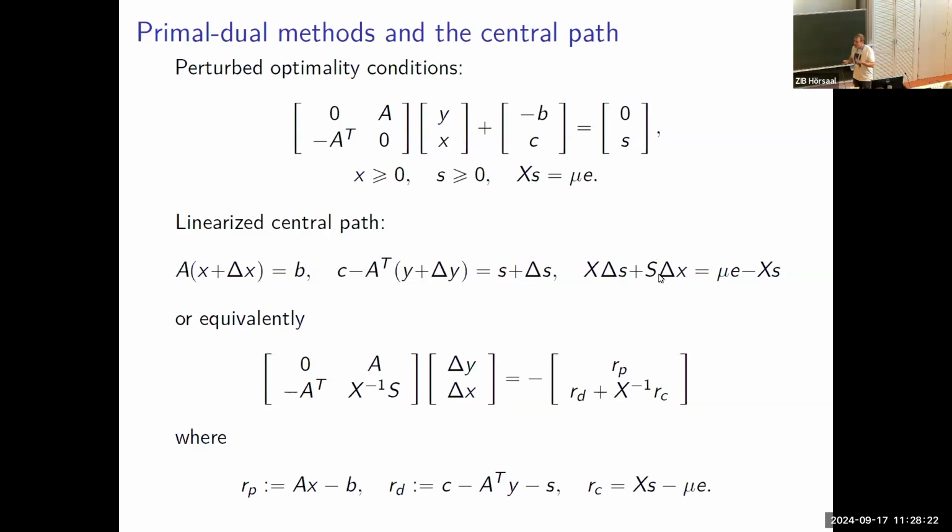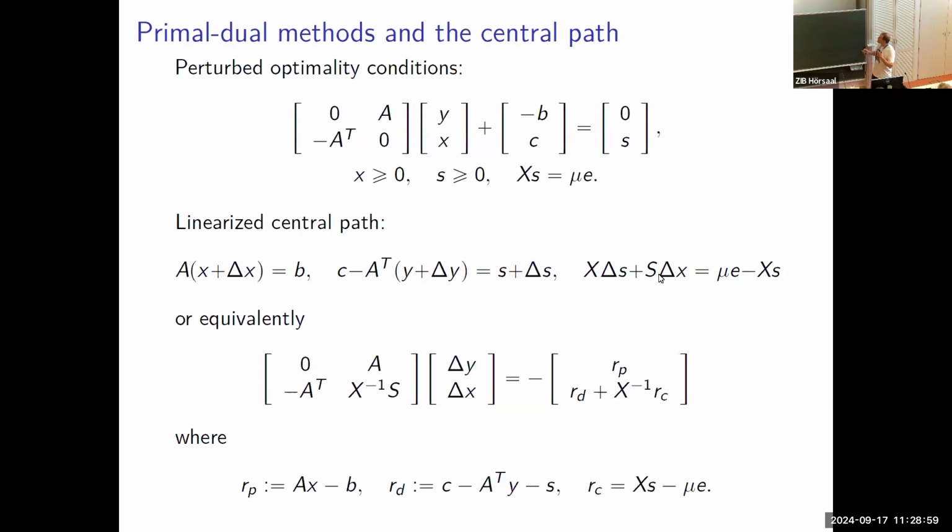We have x plus delta x times s plus delta s equals this number mu. So in the linearization, we just throw away the higher order term, delta x delta s, and then we're left with this. So x times delta s plus s times delta x equals this right-hand side. So that's almost it. We just have to solve these repeatedly.